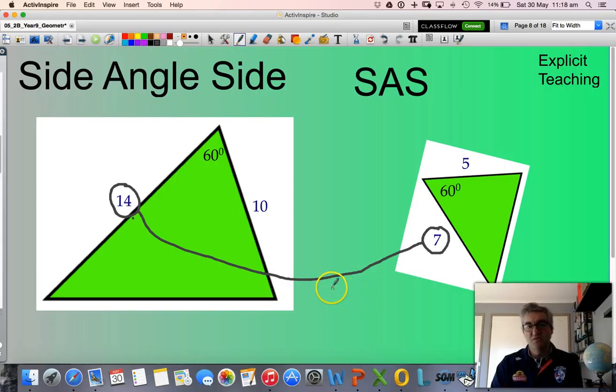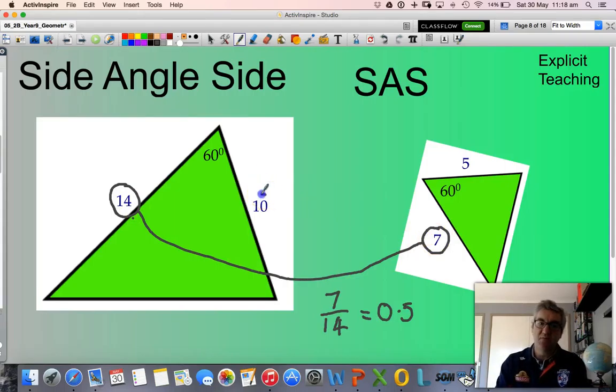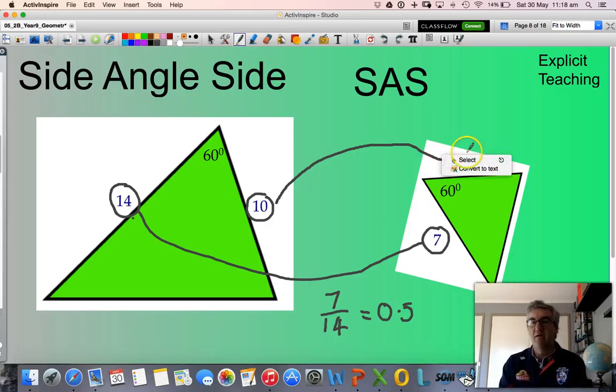So if those two are corresponding, what do I multiply this by? 7 over 14 equals 0.5. That is my scale factor. So if I multiply 14 by 0.5, I end up with 7. Let's look at this one here. 10 to 5.